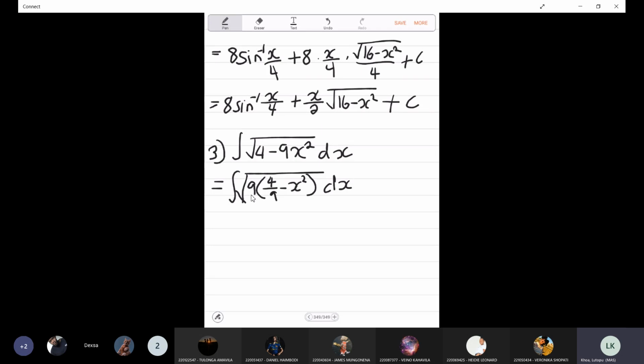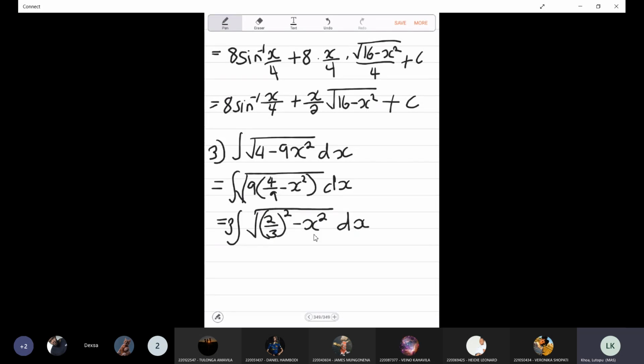So this 9 over here can obviously go outside of the square root, and when we have it in the form that we want, we have a 3 and the square root of 2 over 3 squared minus x squared dx. So now it is in the form a squared minus x squared, which we know how to integrate.